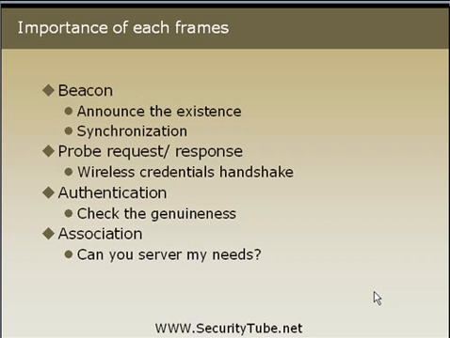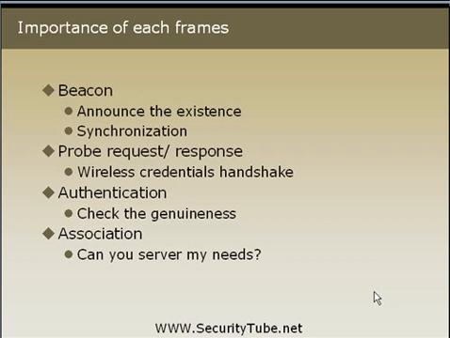Next is the authentication packet. Authentication is the way in which AP will find out whether the client is genuine or not. There are two types of authentication. First is open authentication. In open authentication, AP will consider every client which is sending an authentication request as a genuine client.